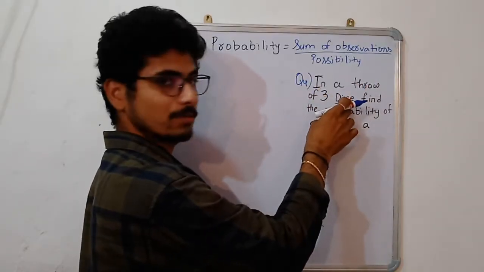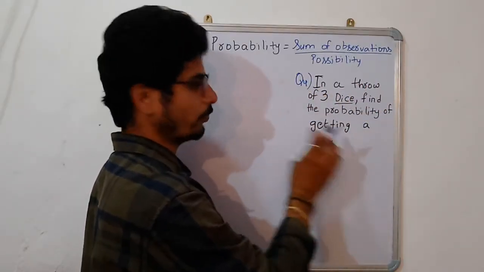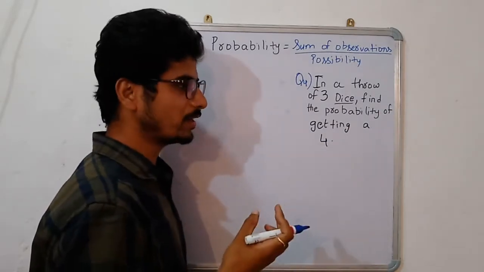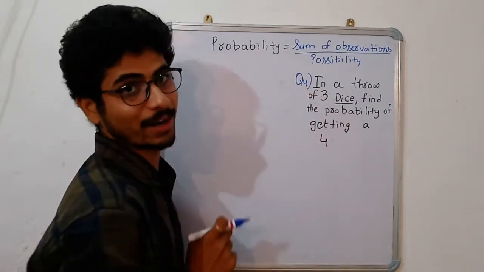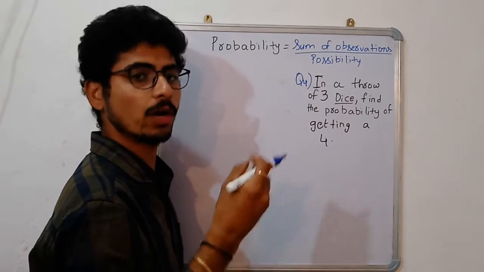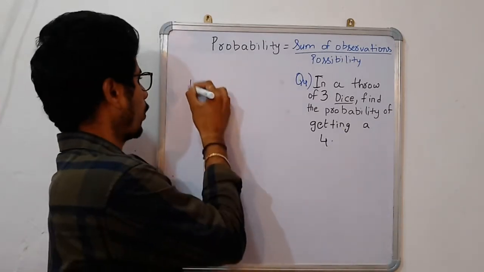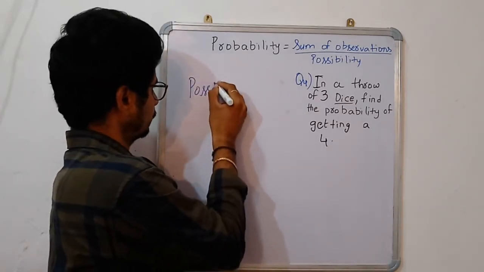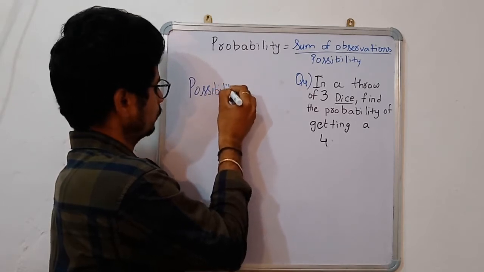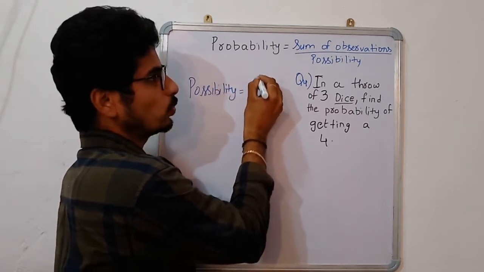In a throw of 3 dice, find the probability of getting a sum of 4. Okay, so friends, here we have 3 dice, right? So first we need to know the total possibilities. The possibilities equal 6 to the power of the number of dice.